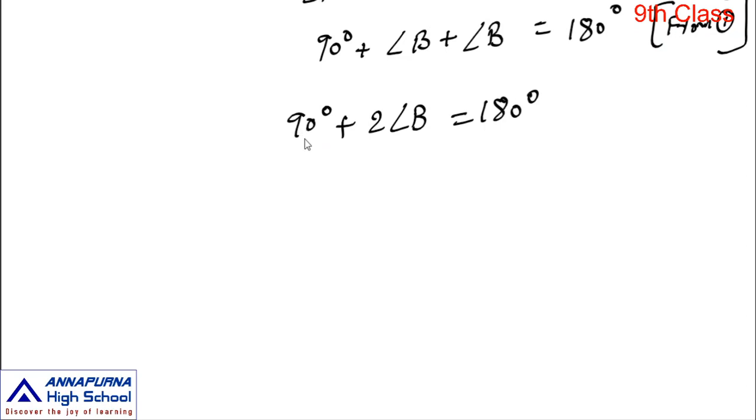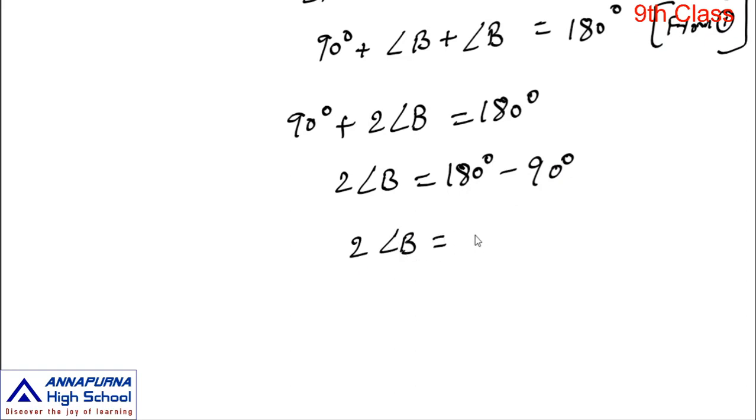Transpose 90 degrees to the right hand side. So 2 into angle B is equal to 180 degrees minus 90 degrees, that is equal to 90 degrees. Transpose 2 to the right hand side.